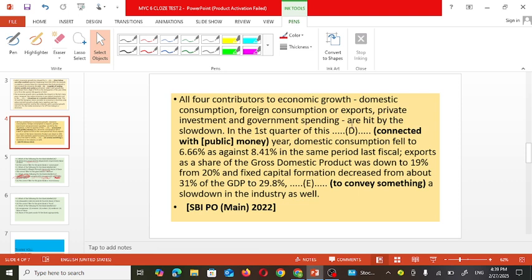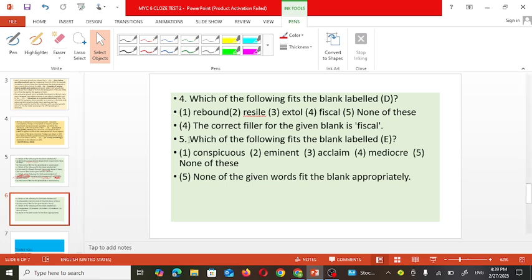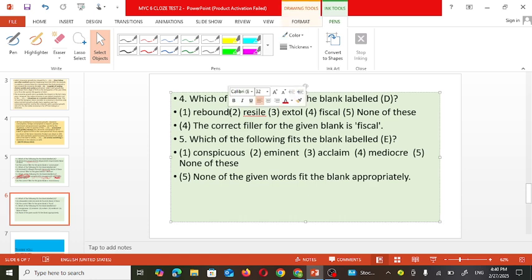In the first quarter of this, and the filling the blanks is there, options are connected with public money. Now, whatever options are given to you, see its meaning. Rebound, rebound word very frequently you have used in your carom. Rebound means whatever you are doing, the same reaction you are able to see, that is a rebound.